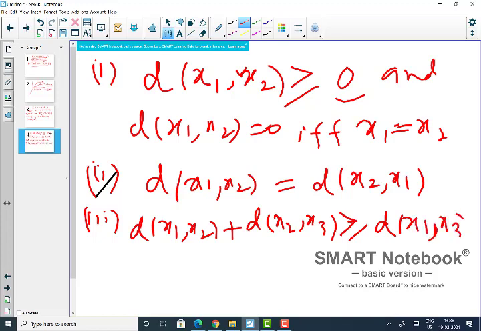It can be equal when x2 lies on the line joining x1 and x3. This property is called the triangle inequality.